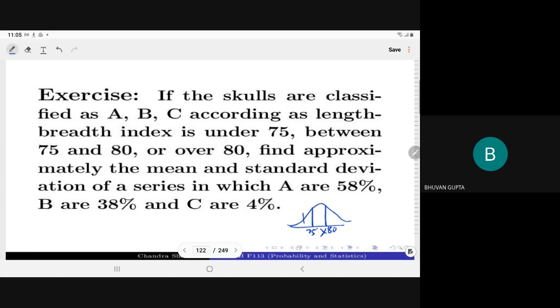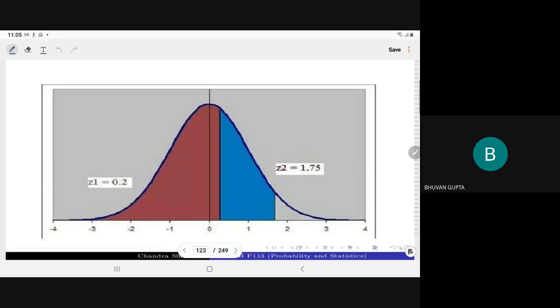This side area is 58%, this is 38%, and this side is 4%. So it will become 0.58, 0.38 and 0.04.